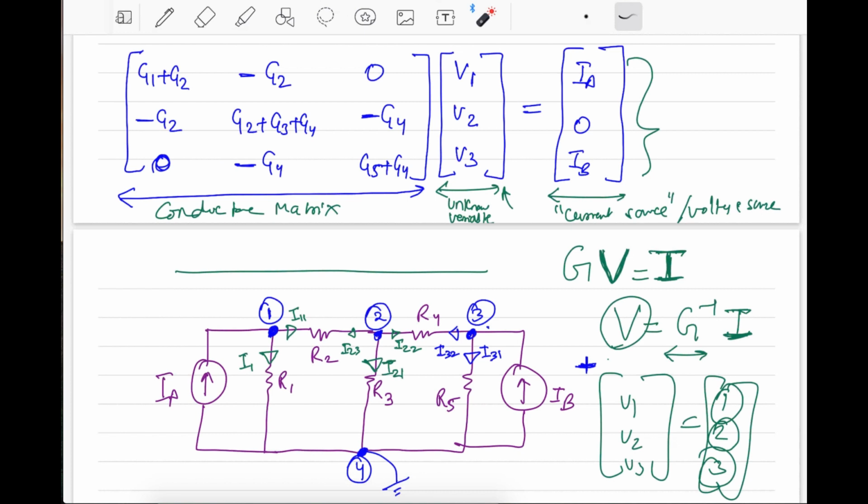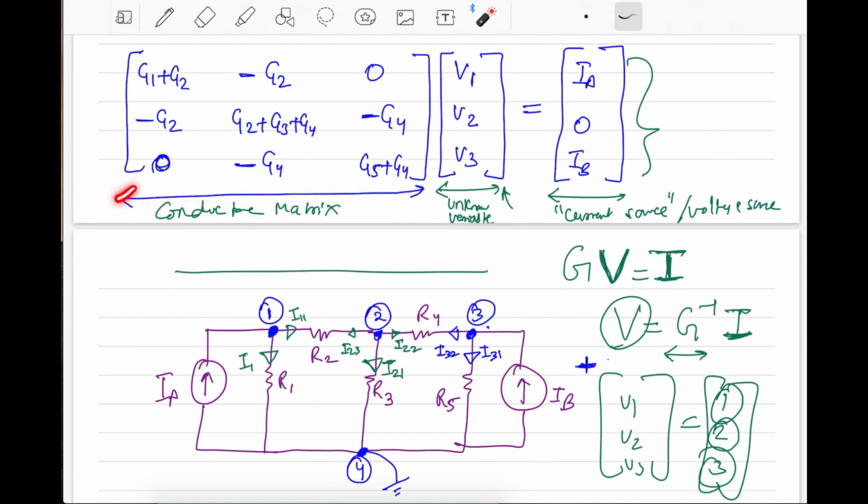You can also observe in this conductance matrix that it's a symmetric matrix, because the elements on the off diagonal have the same values, like this one and this one, and then this one and this one. So this is one of the properties of this conductance matrix.